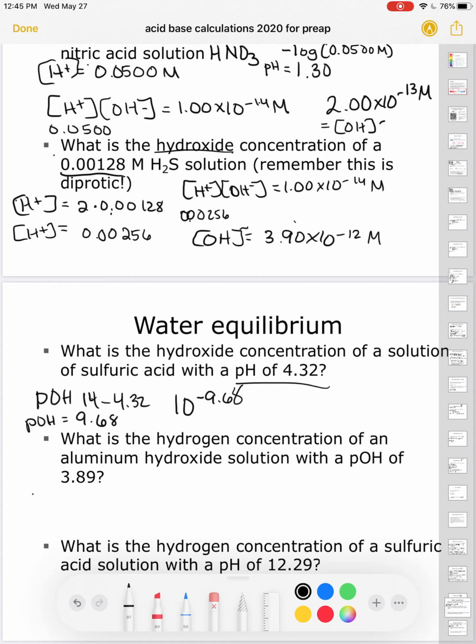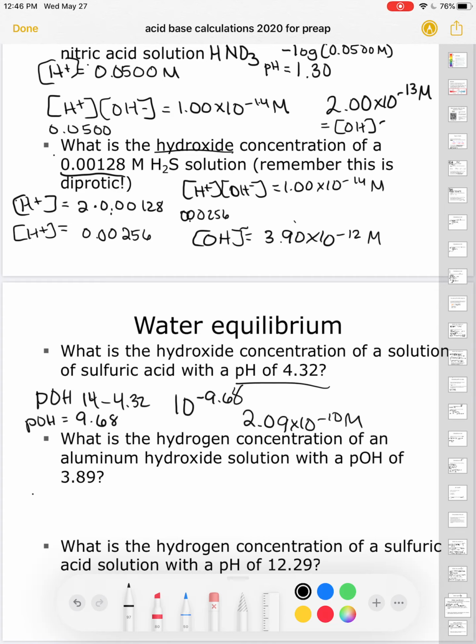Trying to figure this out on my iPhone, and that is not what I usually use for this. Log. That's not gonna work. I know what I need to do. Get rid of the second. 10, 9.68, negative sign, 10 to the x. That gets me 2.09 times 10 to the negative 10 molar.